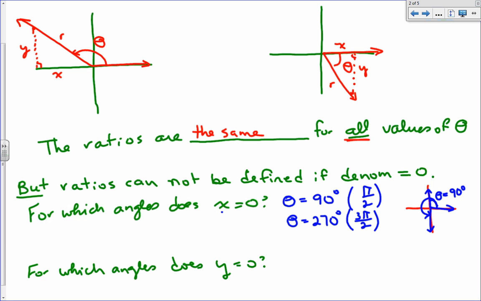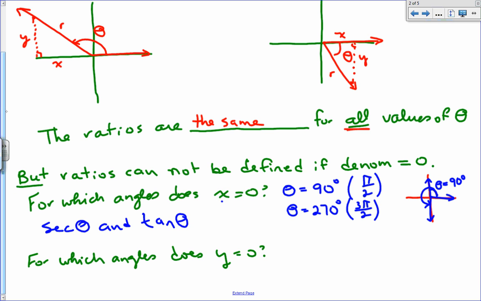Okay, and so we can't have x in the denominator then. So x is in the denominator for the secant and for the tangent. Okay, so they are undefined for theta equal to 90 degrees or 270 degrees.